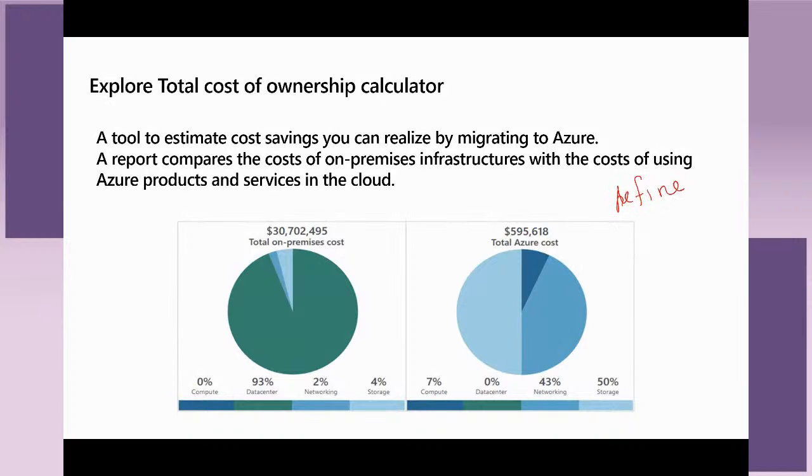You will have to enter the details about your on-premise workload: what servers you have, what databases you are planning to migrate, what the storage is, the amount of data, and the networking details. So first you define your on-premise workload, and sometimes you will also make some assumptions here.